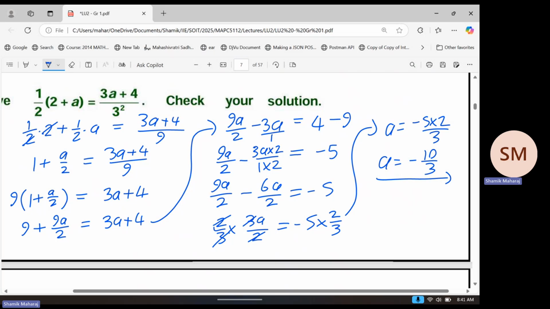Why didn't you do 2 times 3a plus 4, like a cross multiply? Because it's not a consistent 2 throughout, as there's no 2 here. But if this was all divided by 2, then we could do that. That's a good question.